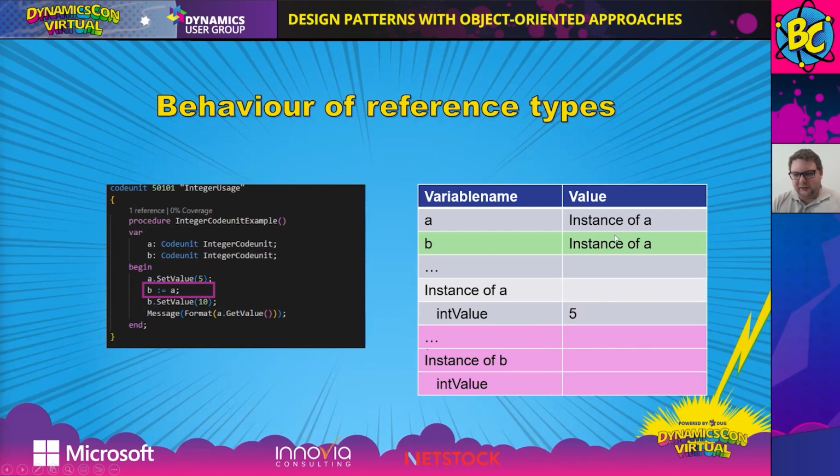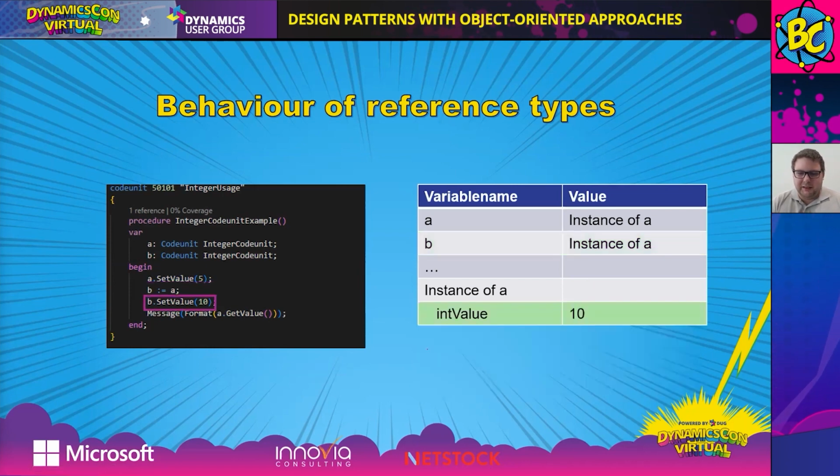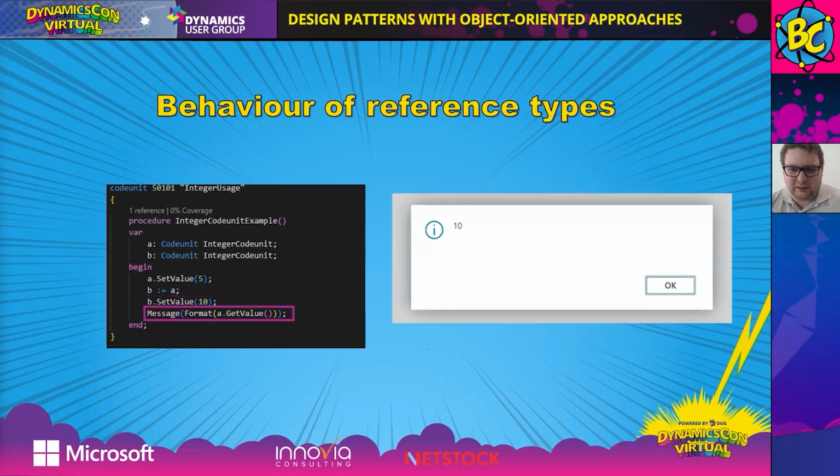And the second variable is also pointing to the instance of A. So now both variables are pointing to the same, and the change of B also affects A. This means when I display a message of the value of A, it is 10. Knowing about this behavior helps us to understand the design patterns I will show you afterwards.